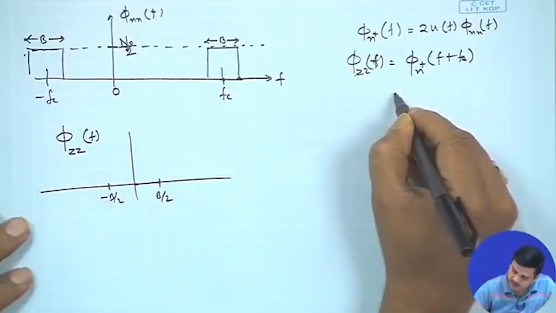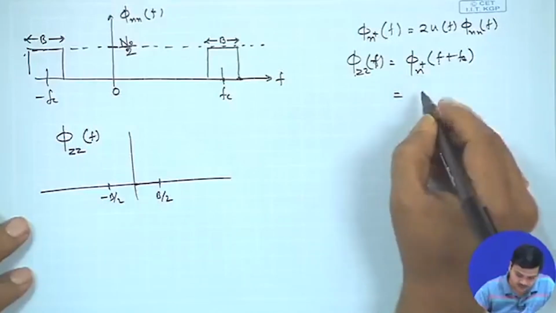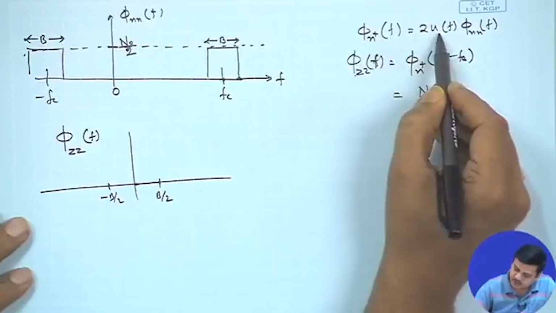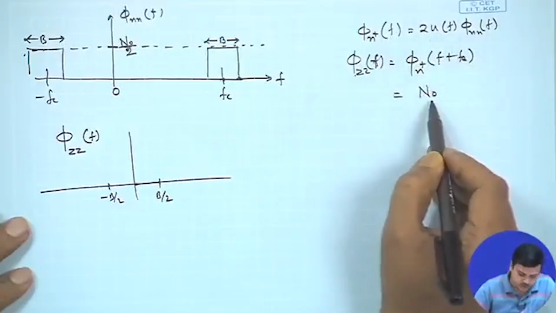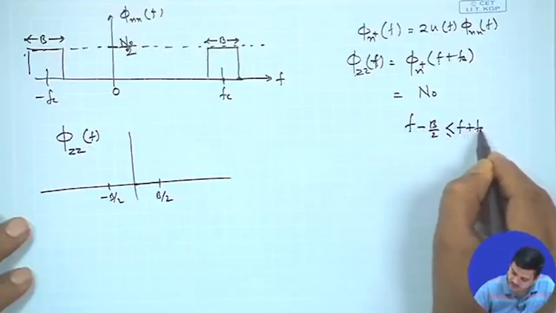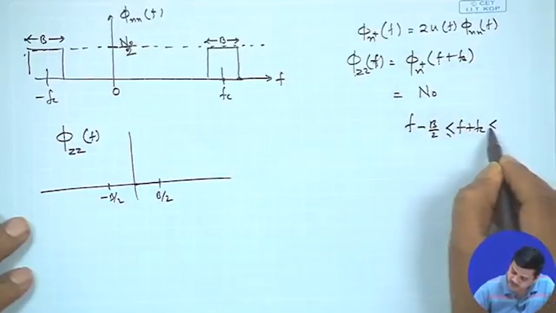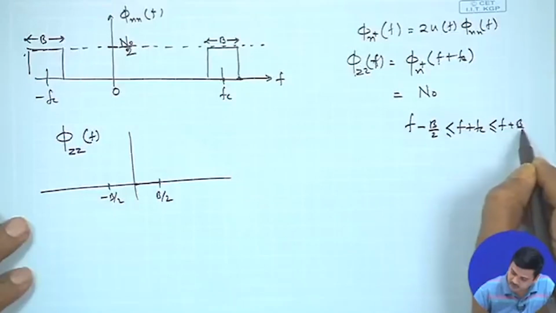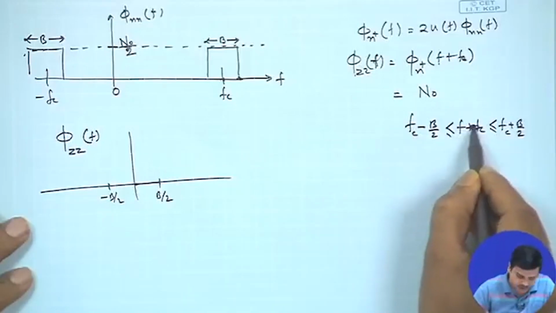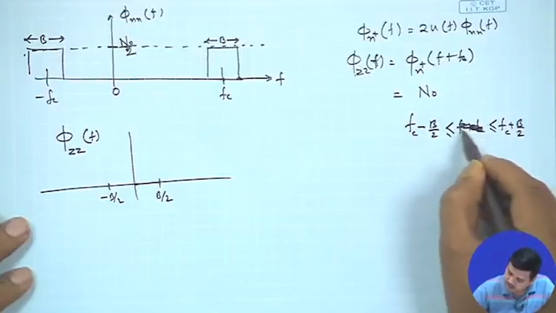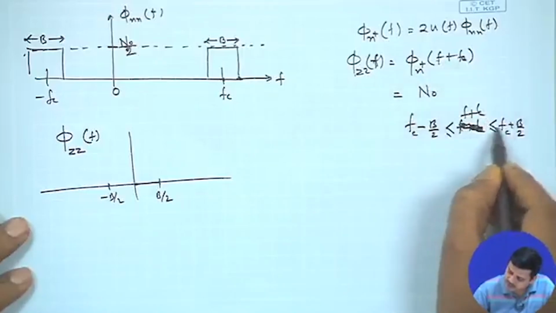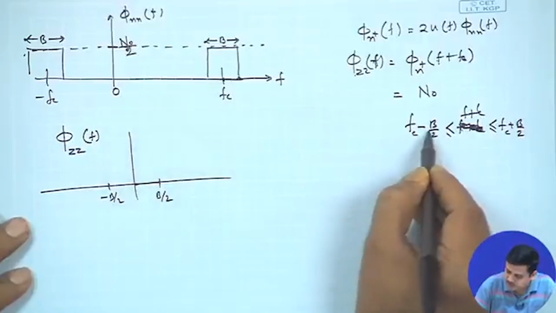Clearly, this particular one would result in n naught. 2 times n naught by 2 is going to be n naught for the range of frequency f c minus b by 2 less than or equal to f plus f c, because this is only positive, less than f c plus b by 2.